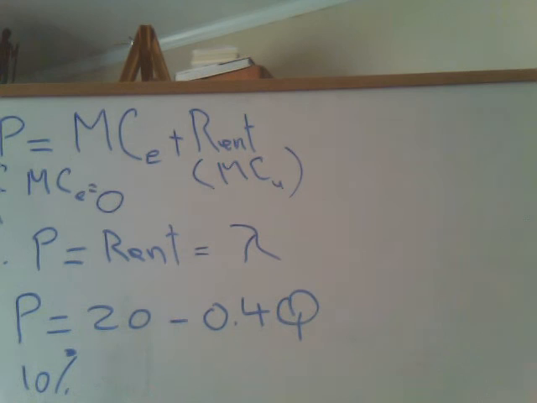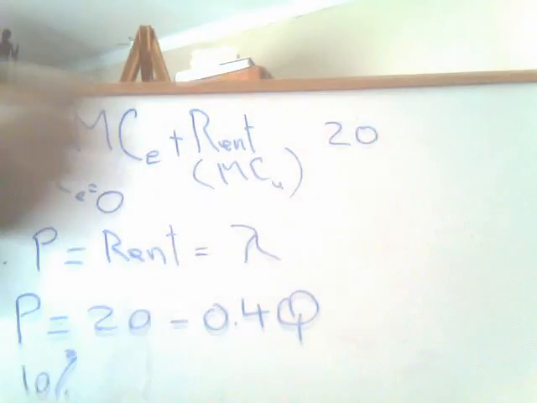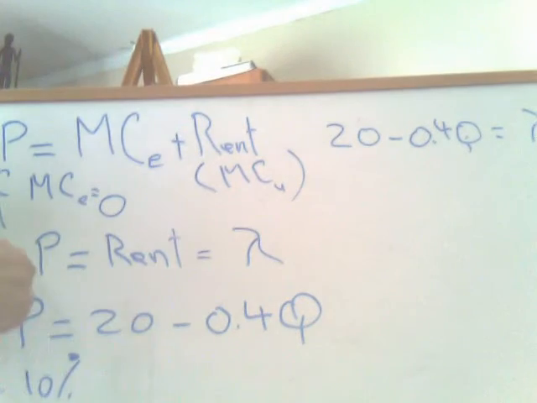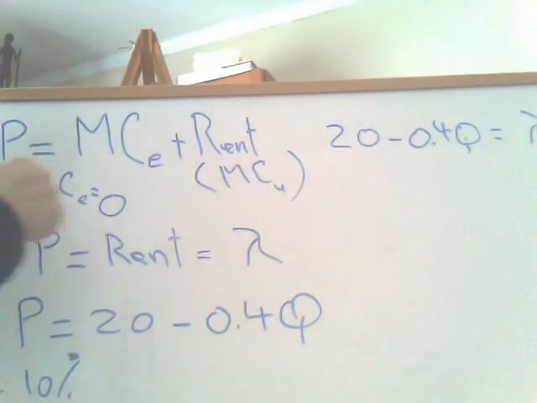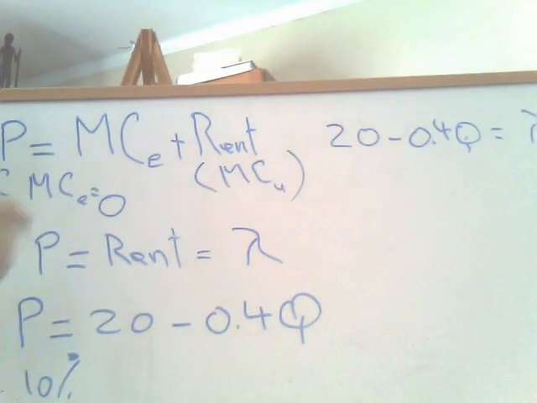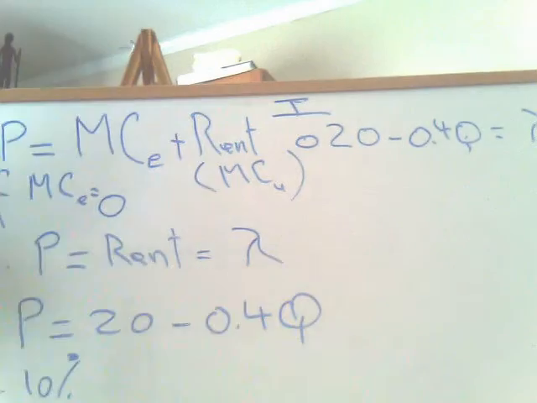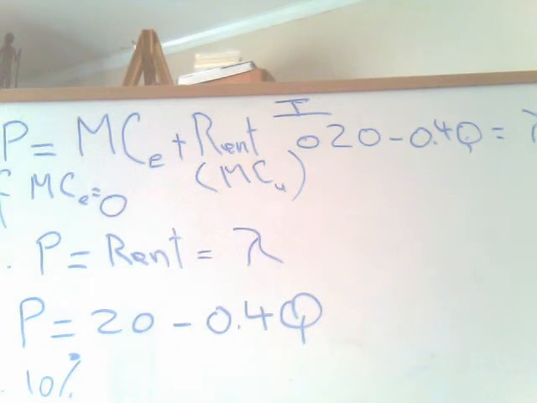We're going to be saying that, therefore, in the initial period, we're going to have this demand, 20 minus 0.4 Q, is going to be equal to the price, which is lambda. Because we said that the price is lambda when the marginal cost of extraction is 0. So this is what? This is the initial time period. The 0, the starting time period.